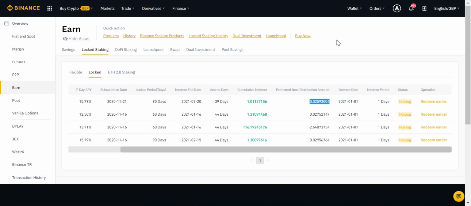You can redeem earlier. What it does mean, however, is that all the interest you accrued disappears. You don't get it. So if you're locking up your cryptocurrencies, be prepared to keep them locked for a pretty reasonable amount of time. So if you're locking up for 90 days, plan not to be able to sell that for 90 days.